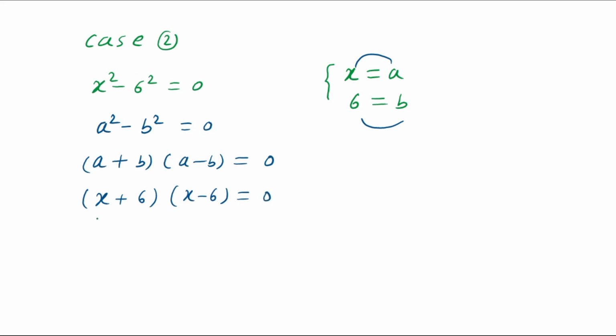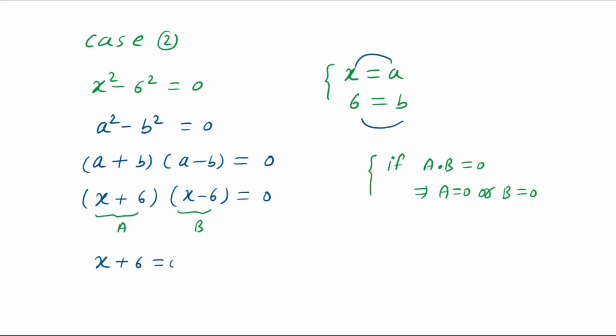Here let's say this expression is a and this expression is b. If we apply this rule, if a times b is equals to 0, this implies a is equals to 0 or b is equals to 0. If we apply this rule here, then you can say x plus 6, this is equals to 0, or x minus 6, this is equals to 0.